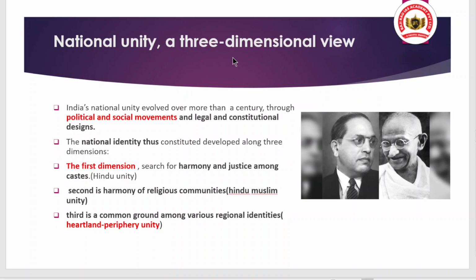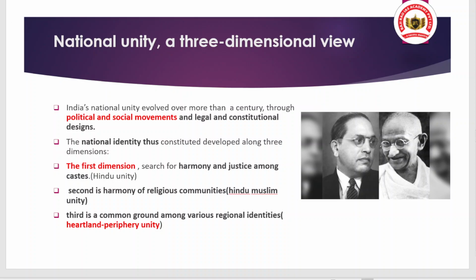The second dimension is the Hindu Muslim harmony. And the third dimension of national unity is regional unity, that is, the unity among the regions or the states. Okay, so these all culminate into national unity.